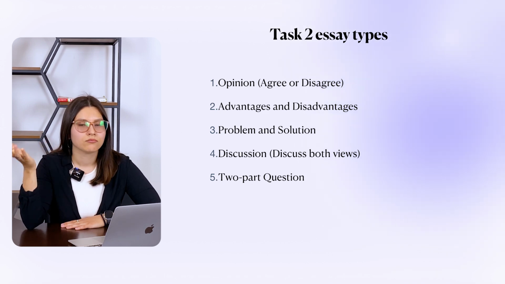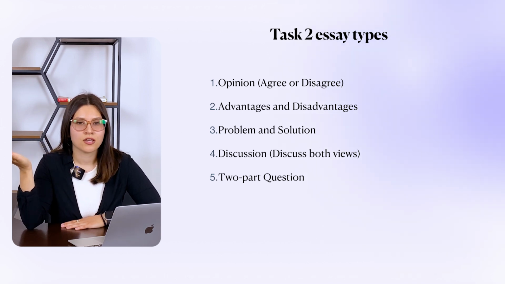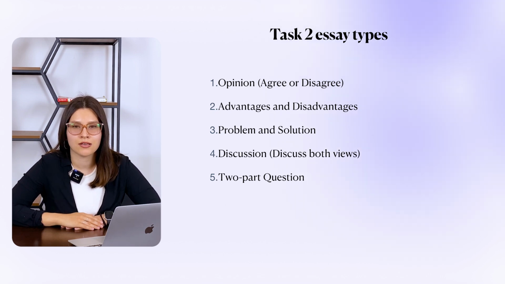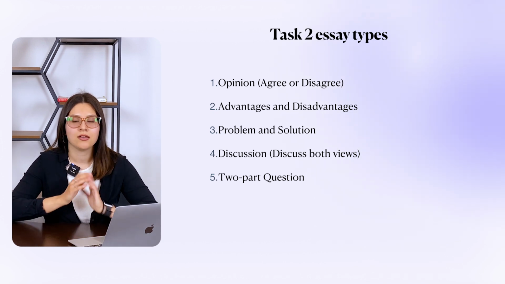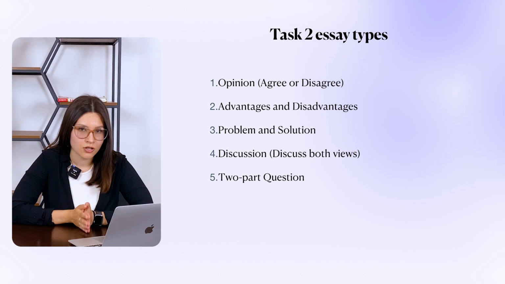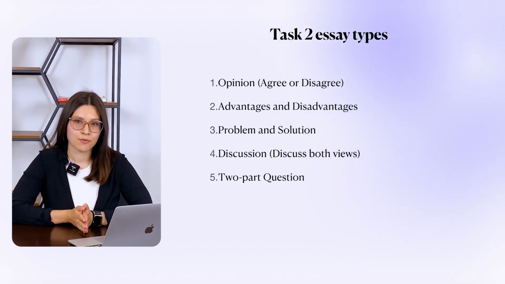Okay, so there is no such thing as, all right, you have to study opinion because there is a greater possibility that you'll get this kind of question. No, you have to pay an equal amount of attention to each and every type of essay. Okay?